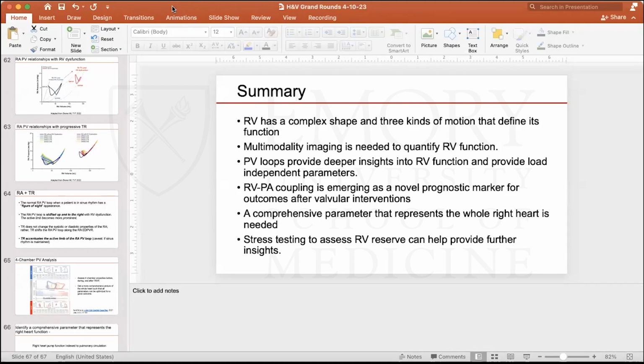I guess one question, Kanika, I have is, what's the next steps here with regards to treatment or intervention? With regards to treatment and intervention, first of all, we need to identify when should we treat, because I think we are falling behind the game in terms of recovery of RV after valvular interventions.